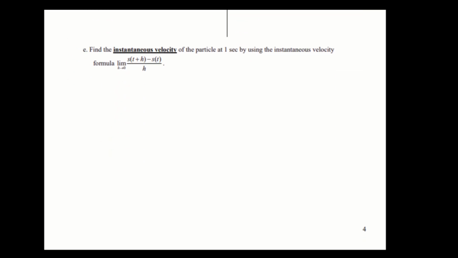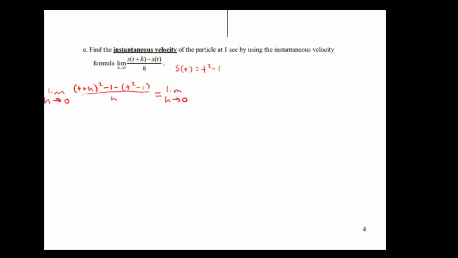Next, we'll be given our instantaneous velocity. I'll just write down the function that's given to us again. Using the formula, our function of t plus h would be (t plus h) squared minus 1, subtracted by our function of t, which is t squared minus 1, divided by h, the limit as the change in x goes to 0.